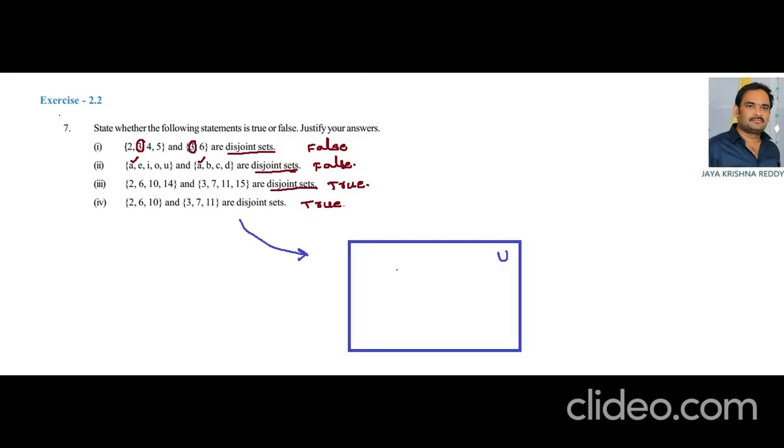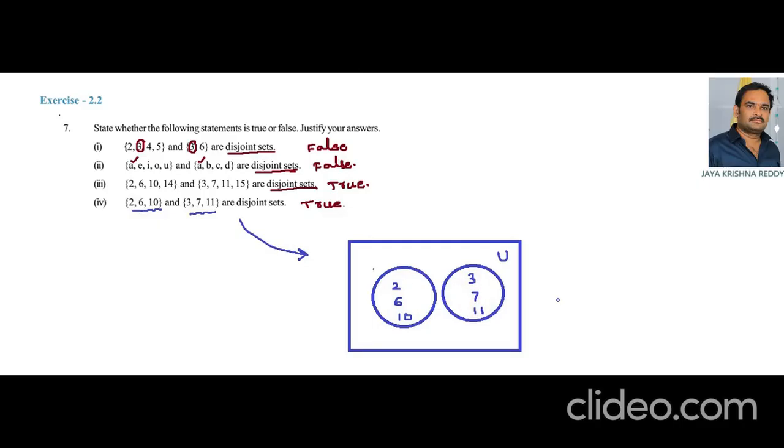And let us try to draw the Venn diagram for the last question. Here the universal set is represented by a rectangle and the two sets will be represented as circles like this. The elements of the first set are 2, 6, 10, and the elements of the second set are 3, 7, 11.